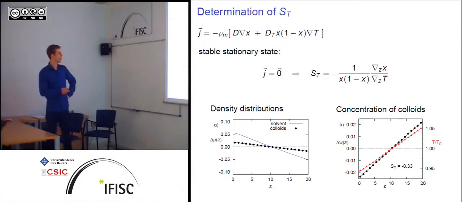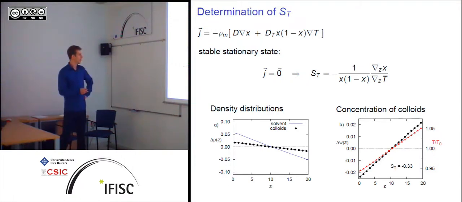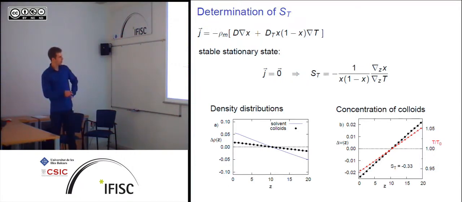And if you look at the density distribution of the individual components, which is shown here, you see here the solvent, and these are the colloidal particles. You can observe that there are fewer colloids than solvent particles in the cold region of the system.